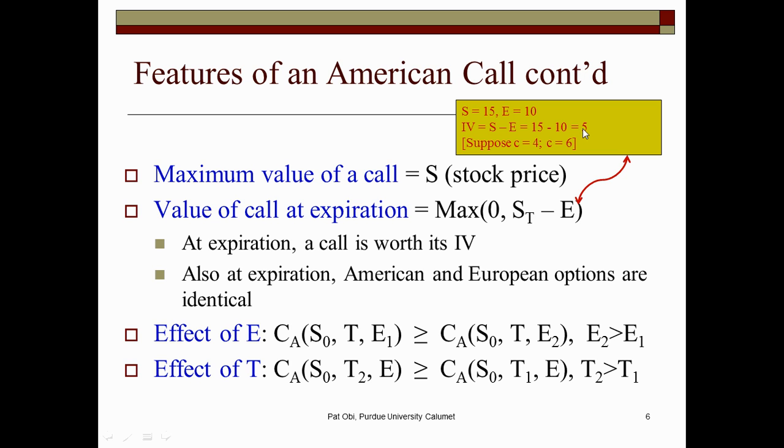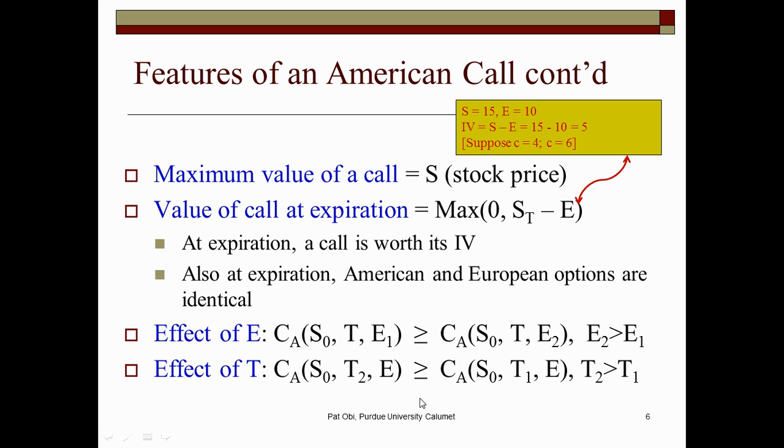And I did mention about time to expiration before, in the case that the option with the longer time to expiration would be more valuable, or in the case of this argument be at least as valuable as the option with the lower expiration time.